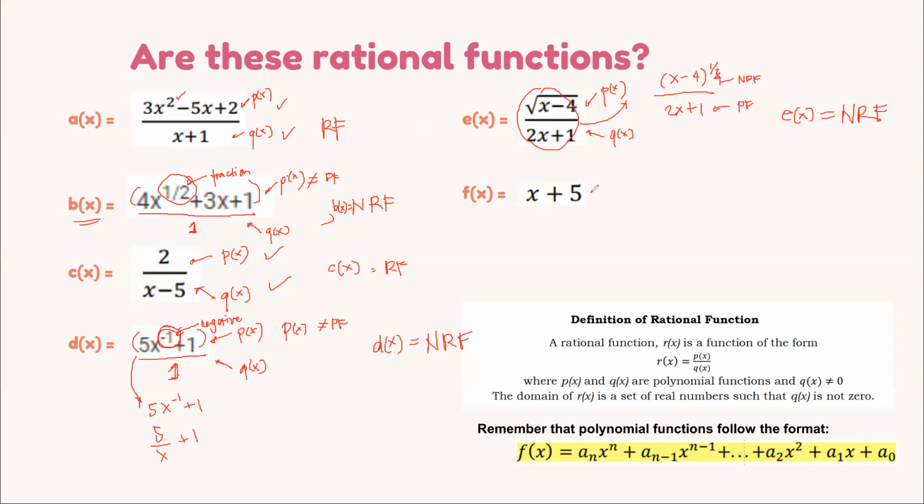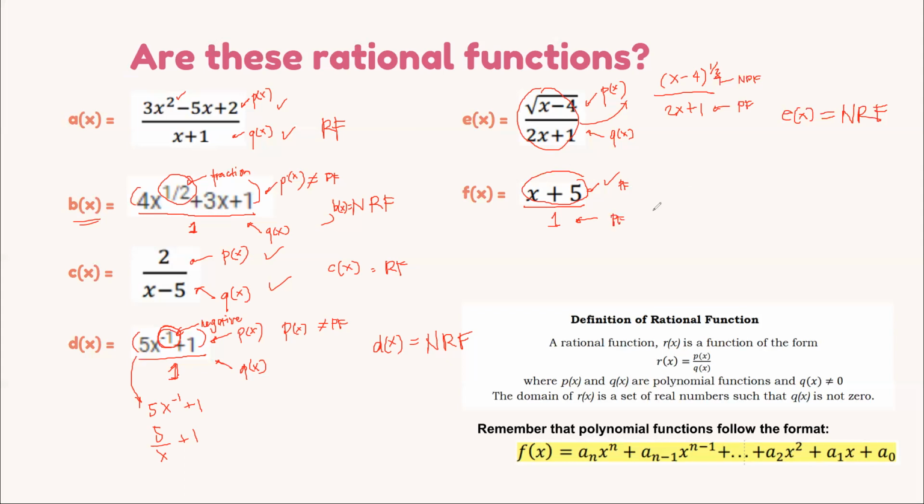F of x is x plus 5. Just like the previous examples, we can take the denominator as 1. On the numerator side, is it a polynomial function? Yes, it is. It is a polynomial function, a linear expression. And then the denominator is a type of constant function, so it is also a polynomial function.